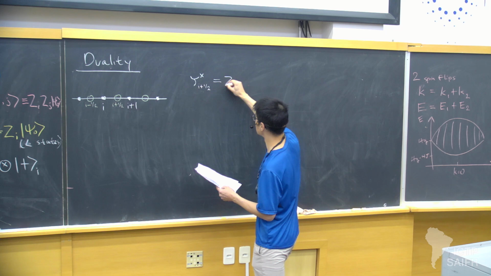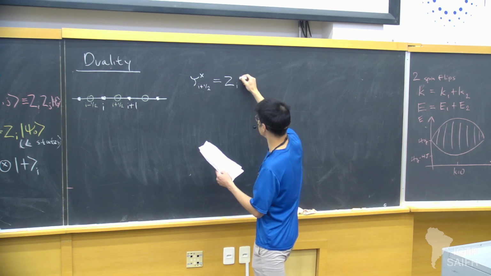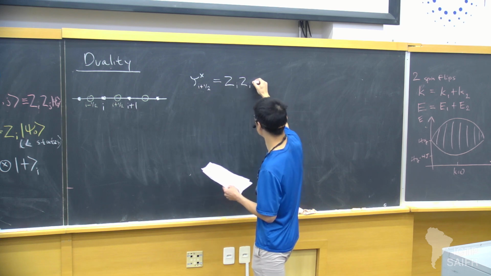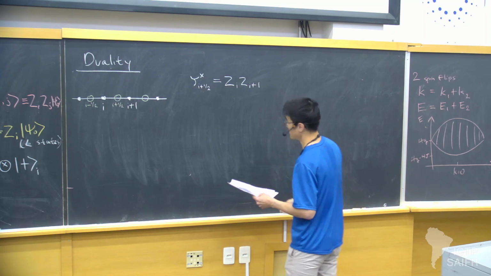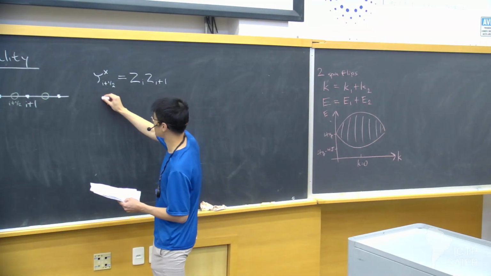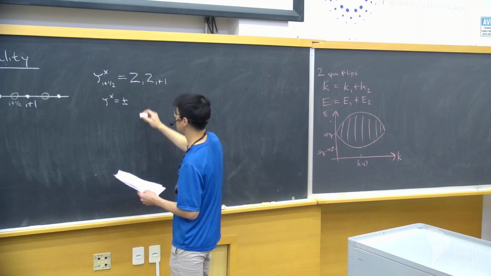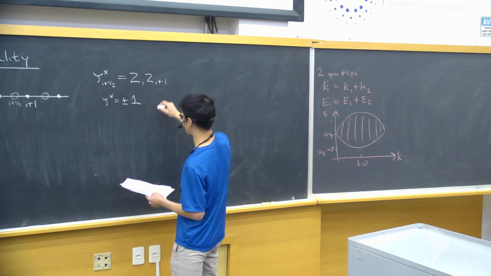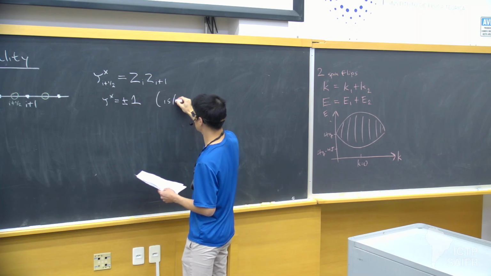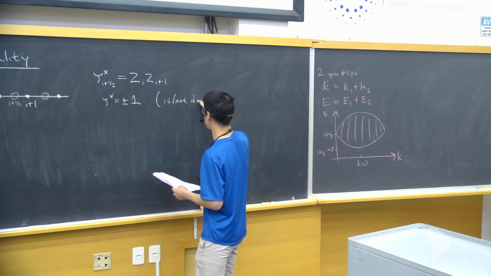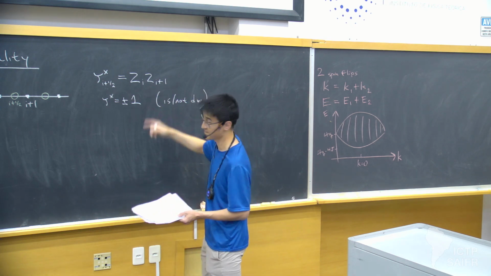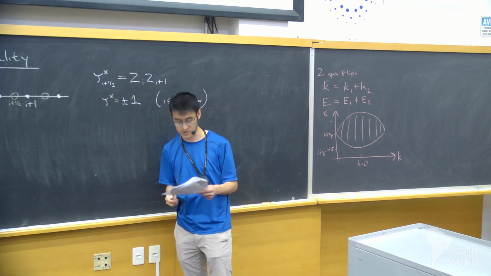We define tau x this way. Basically, tau x equals plus or minus 1 denotes whether there is or is not a domain wall, so ZZ being 1 or minus 1.